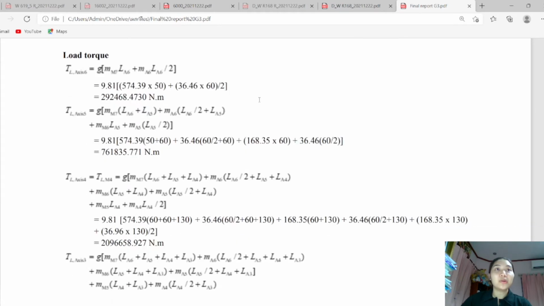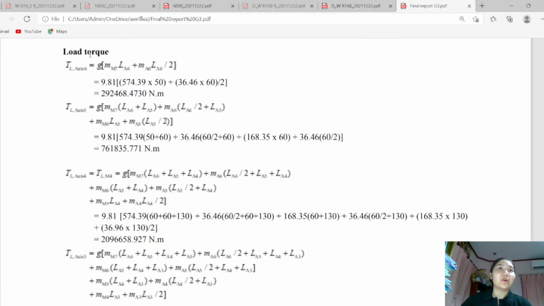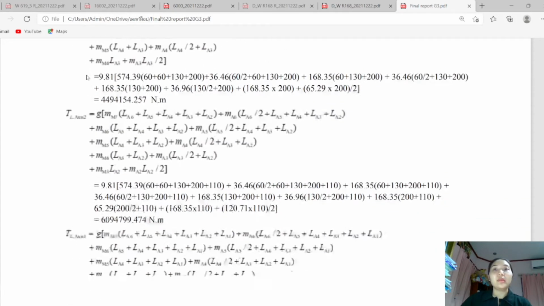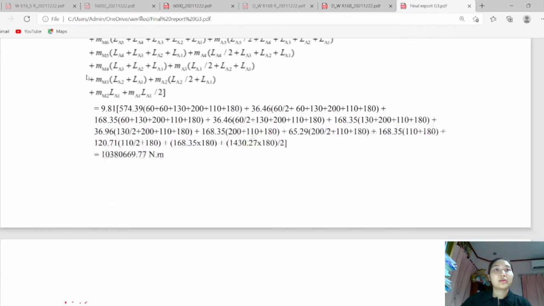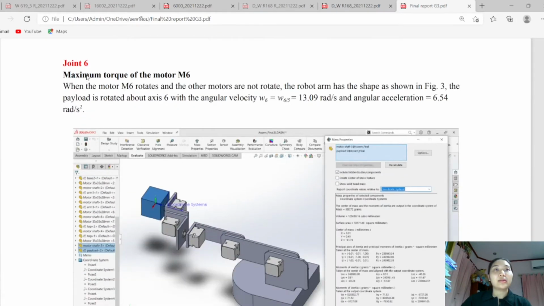And about this part, load torque is the load torque of axis 6 that is calculated from the values of table 1. And for motor selection, we use values from SolidWorks to calculate.